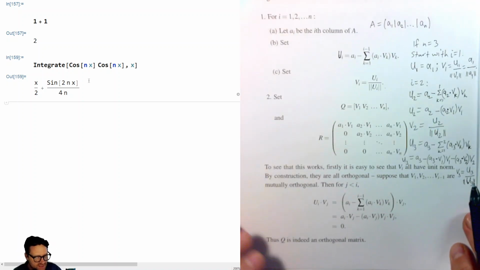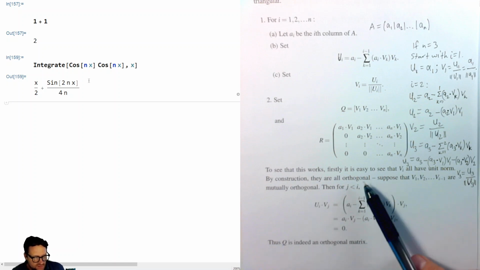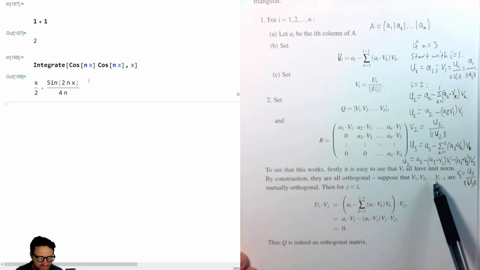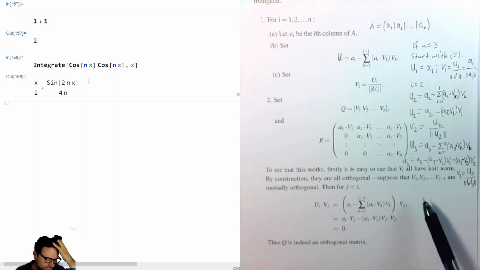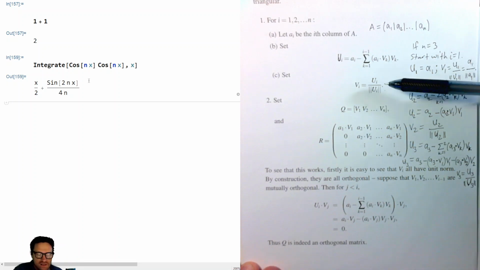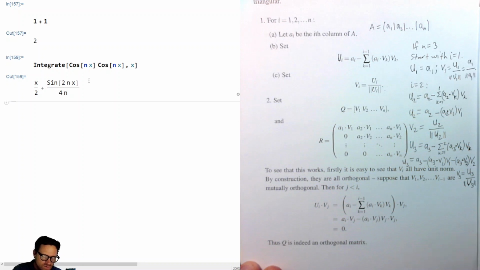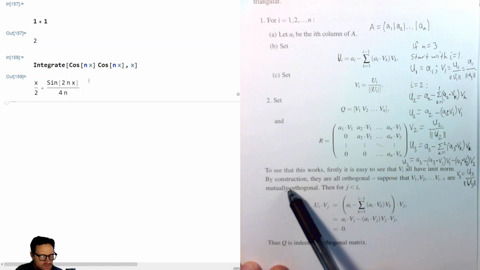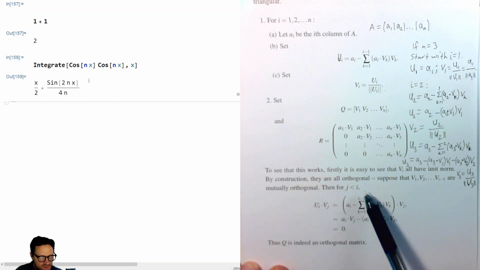To see that this works, firstly, it's easy to see that all the Vi have unit norm, because the way they're designed, we have divided away the norm to get a vector of norm 1. So by construction, they're all orthogonal.